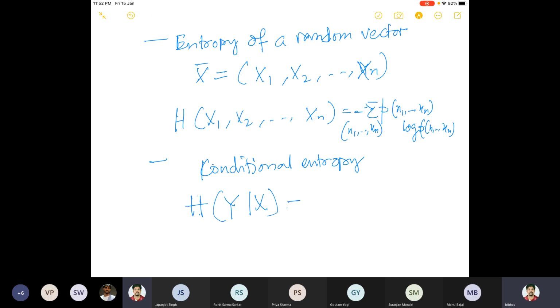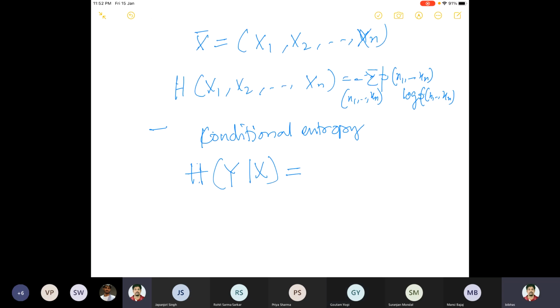So how did we define it? How did we define this quantity, conditional entropy? Which is equal to entropy of the joint minus entropy of X. Okay, this we proved, but how do you define this in terms of, let's say, a sum?